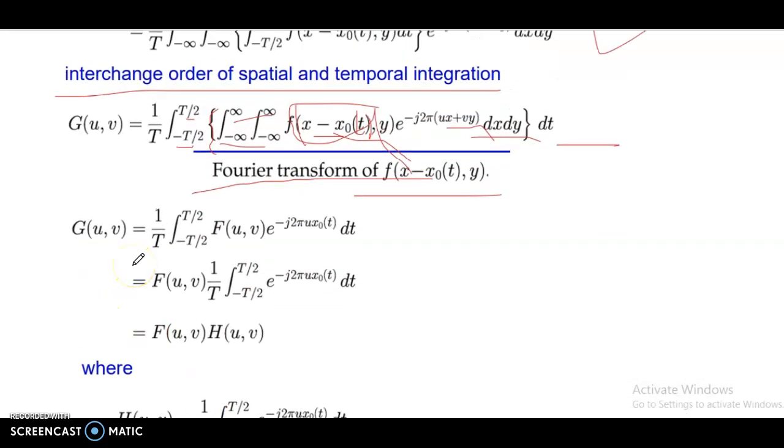So G(u,v) equals 1/T times the integral from -T/2 to +T/2 of F(u,v) e^(-j2π u x0(t)) dt, which equals F(u,v) times 1/T times the integral from -T/2 to +T/2 of e^(-j2π u x0(t)) dt.